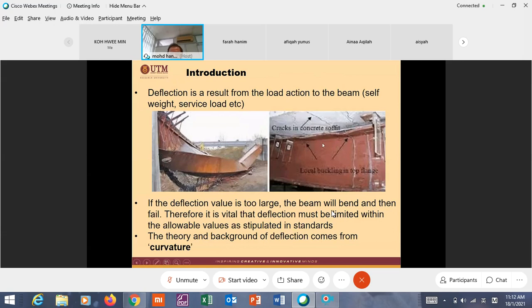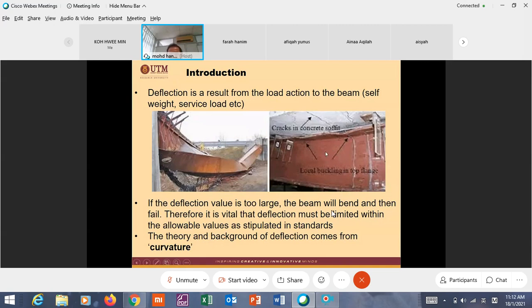Look at this one. This is not collapse. This is just excessive deflection. But what you can see here is that this one is composite. This is a concrete slab. This one is a steel beam. When the beam deflects excessively, there will be cracking in the concrete soffit or concrete slab or concrete floor. Why?